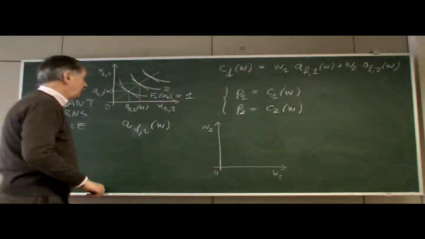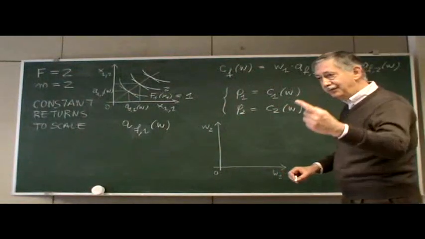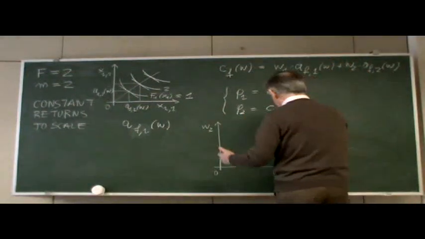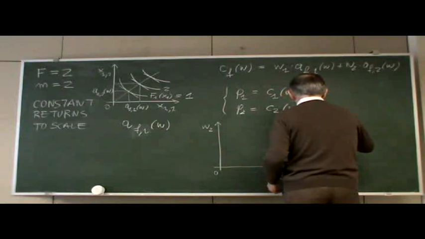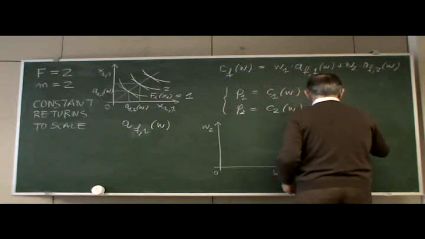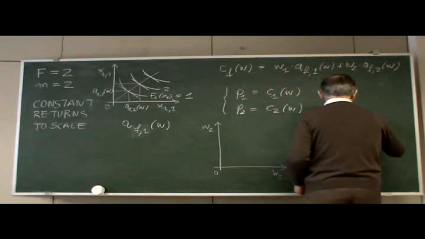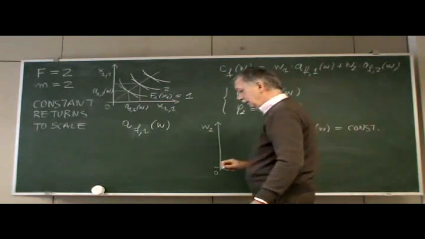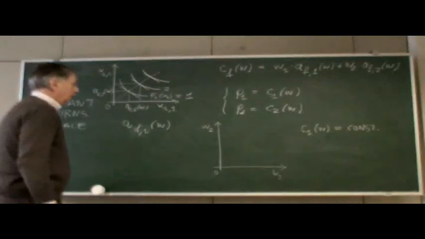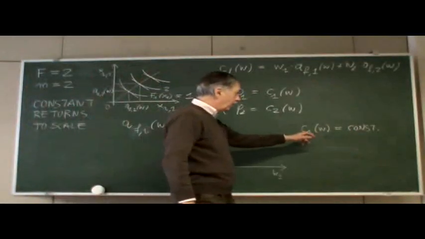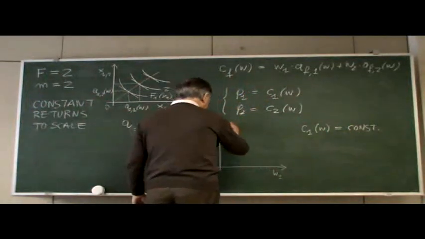And then consider the following equation. Let's suppose we are considering the first firm. For the second is the same thing, obviously. C1 of W equal to a constant. Clearly, this is an equation which links W1 and W2. And it is a decreasing function.